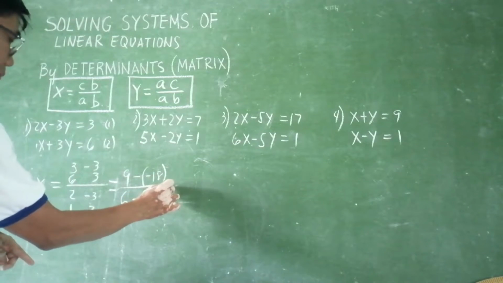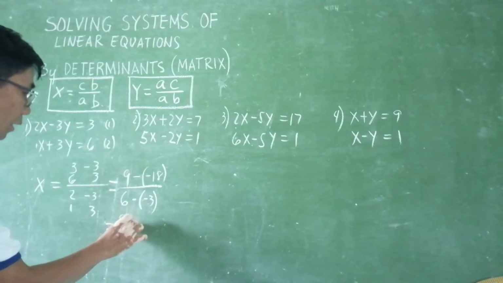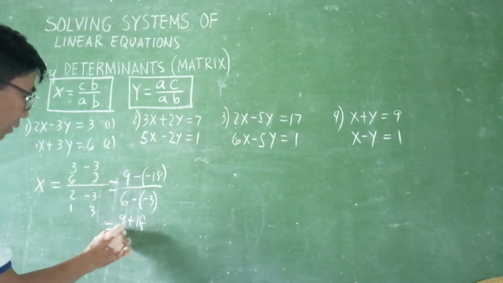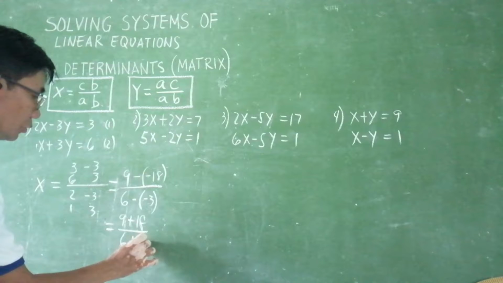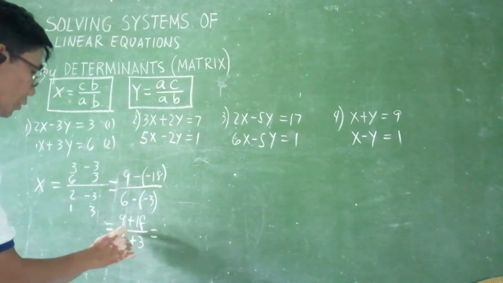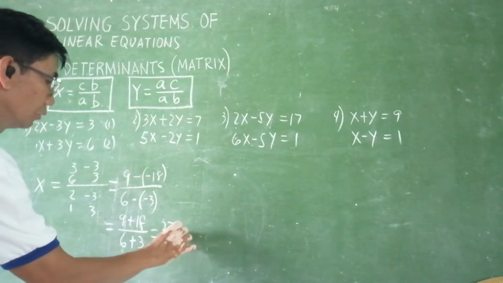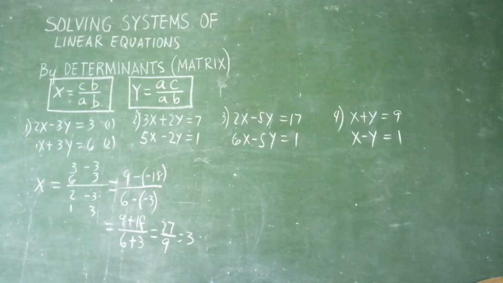Shall we just simplify this one? So that will become 9 plus 18 because of negative and negative, and that will also be 6 plus 3. So that will be 27 over 9, or simply 3. So x equals 3.